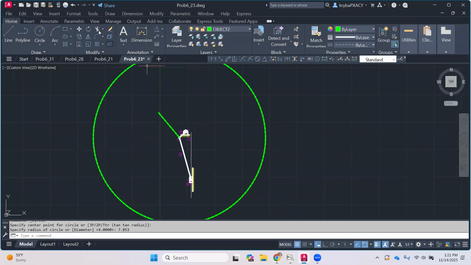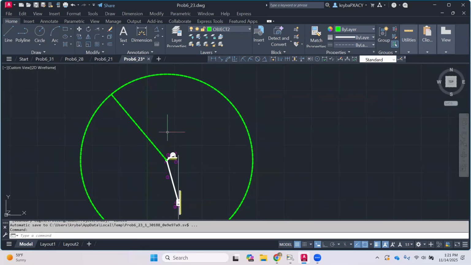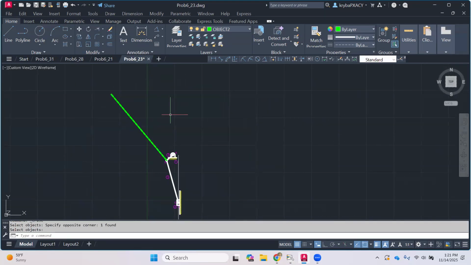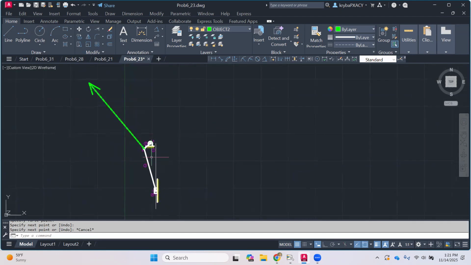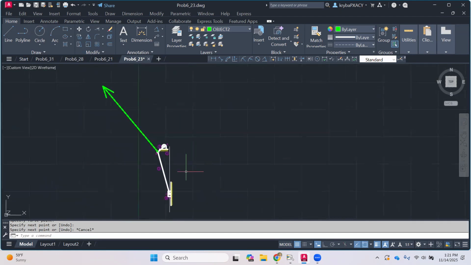All right, so I need to then extend my line to that radius. Okay. Now I can get rid of that radius because I just needed it for construction. And now I'm going to add the lines for the direction of my vector going up and to the left. Okay. And this is vector B. It is a little smaller. That's okay.